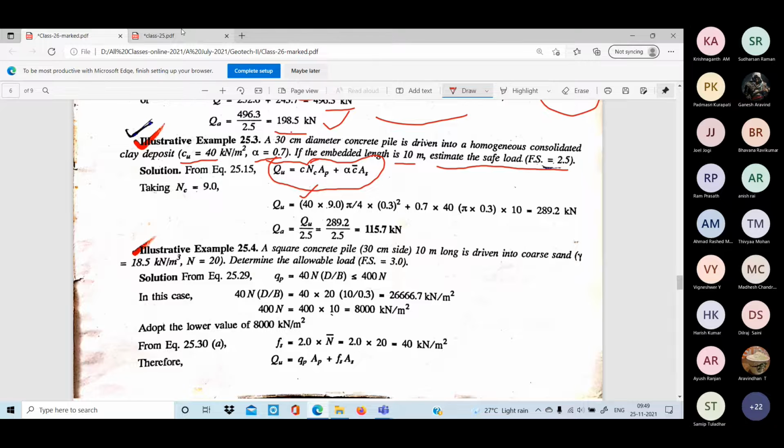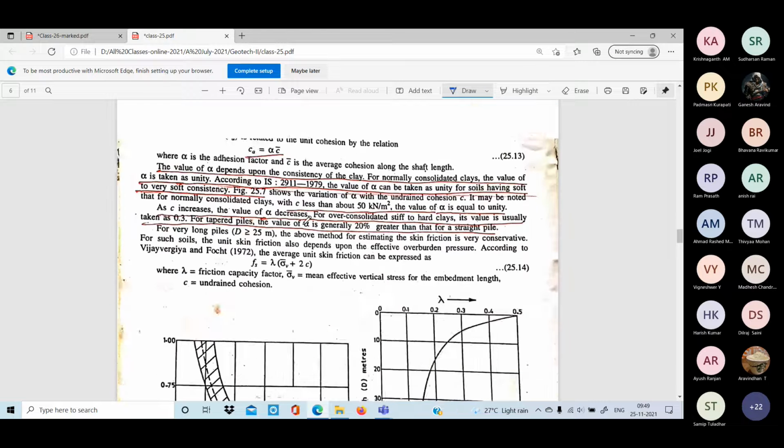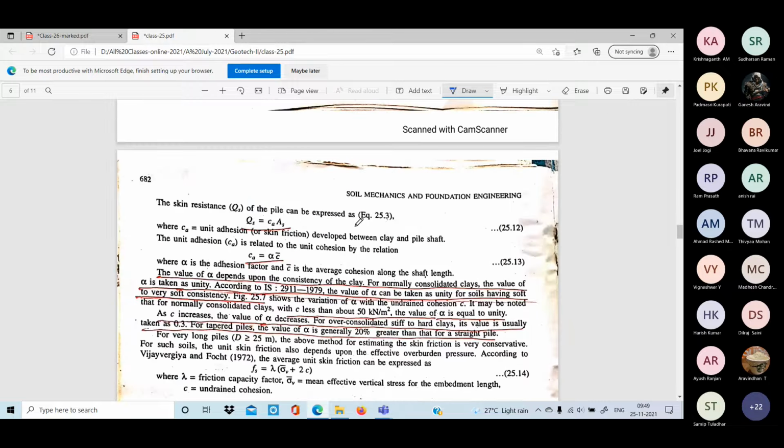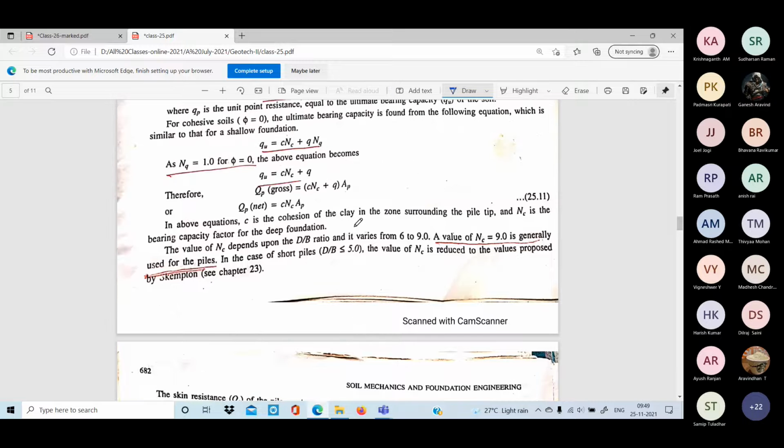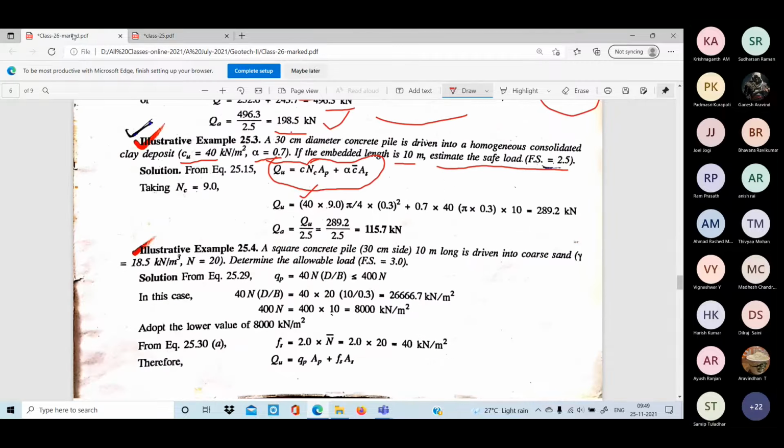Why do we take 9? I have explained it here. For clay soil, the NC value generally varies from 6 to 9, and we take 9. The values of NC depend on the D by B ratio and vary from 6 to 9. A value of NC 9 is generally used for a pile, so we take NC as 9.